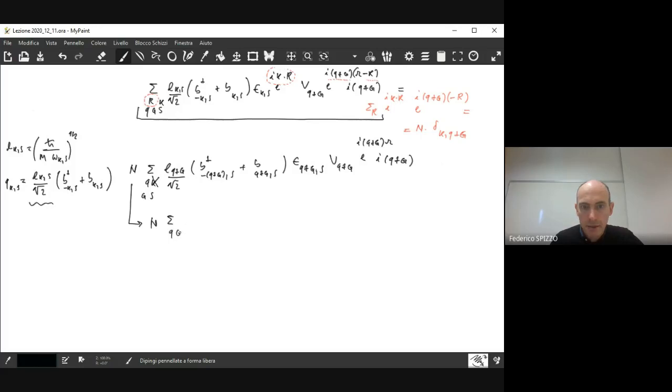So I have a summation over Q, G, and S of L of Q divided by the square root of 2, B cross minus Q S plus B of Q S, E of Q S, and then the scalar product with I Q plus G, V Q plus G, e to the I Q plus G R. So I may drop the G term here due to the periodicity of B and E and L, because L depends on the frequency.